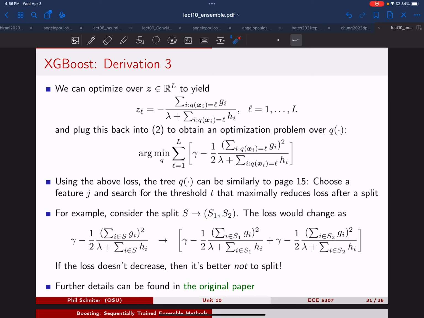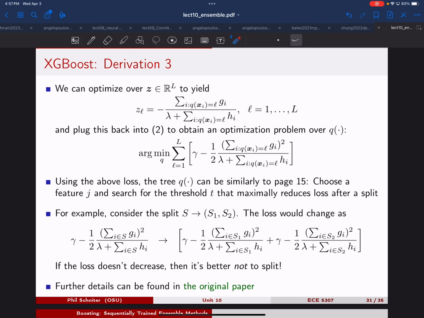In order to do that split, we consider all the different features, and we consider for each feature all the different thresholds that we could possibly use. Those are finite. Both of them are finite, so we can just do a search over them. So let's say we do not do any splitting. The total loss is exactly just this quantity here. So this is without any splitting. We just have all the samples in S like this.